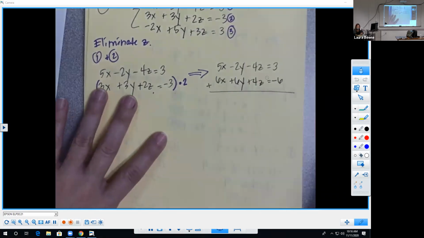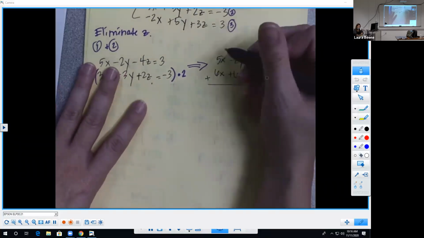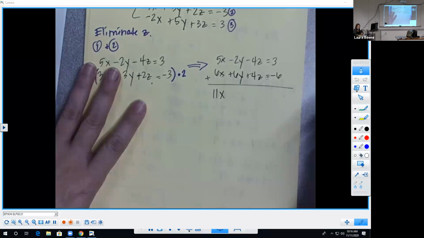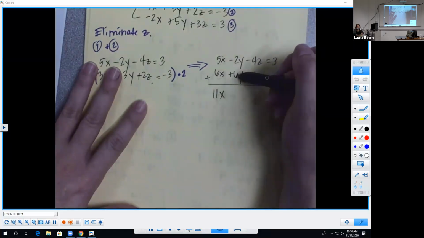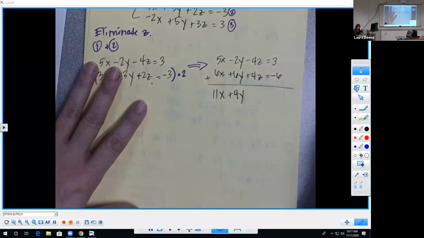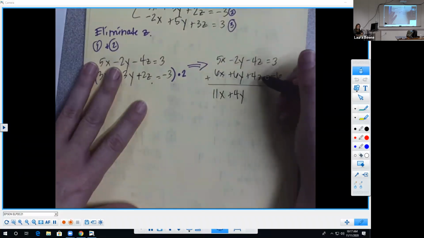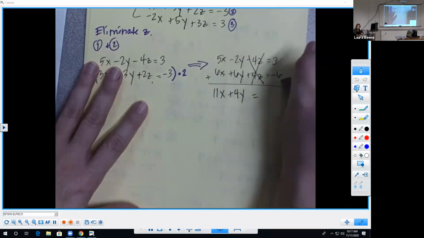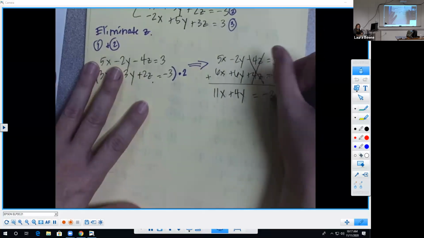And then we are going to add our equations together. 5x plus 6x is 11x. -2y and 6y is 4y. -4z and +4z, they cancel out, equals 3 and -6 is -3.